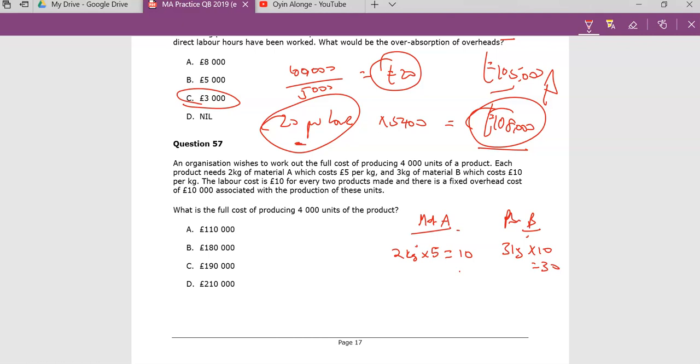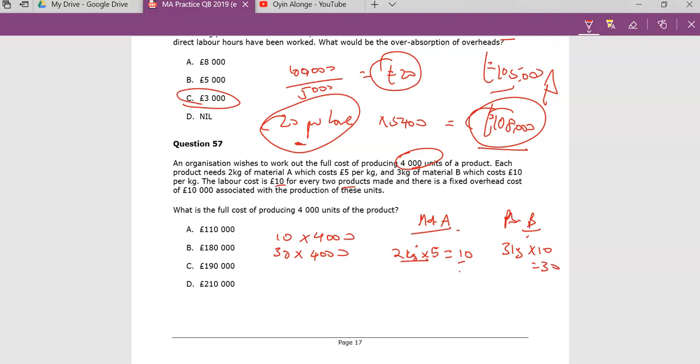For each unit, I have 10 here, I have 30, so therefore for 4,000 I will need 10 times 4,000, because I need to make 4,000 units, so I'll need this times 4,000, and this times 4,000. It says I'm going to need 10 for every 2 products made.